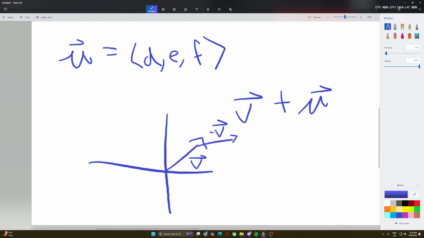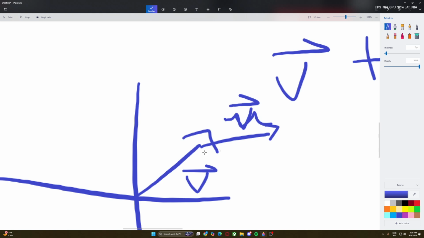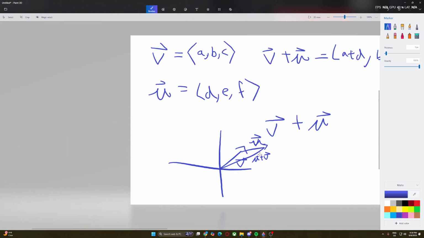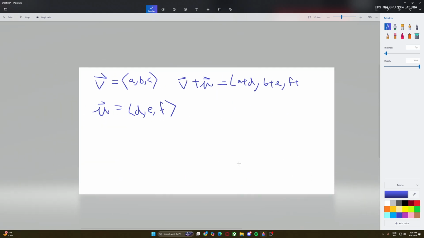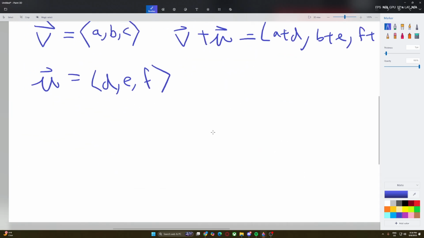The initial point of u will start at the terminal point of v, and they will add, and then this new vector from the origin can be u vector plus v vector, and you can notice how this forms a triangle. So we're going to be using that type of logic to solve an equation.